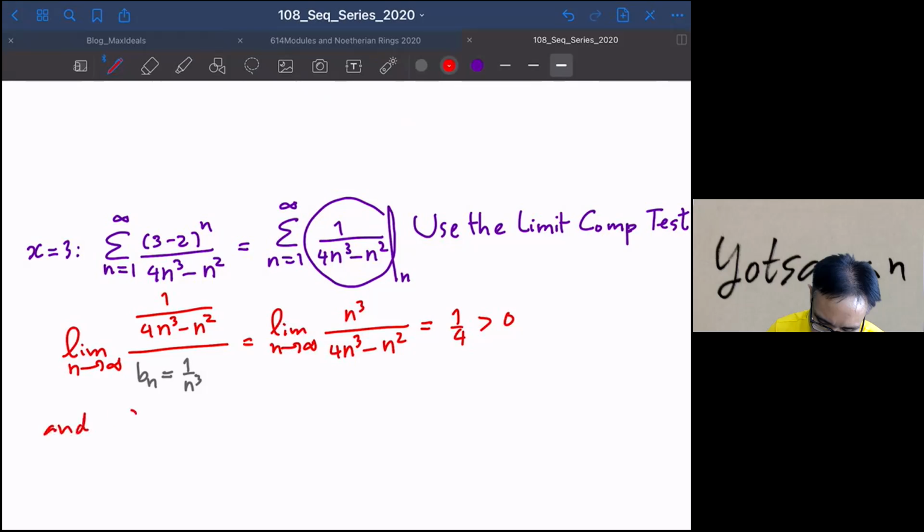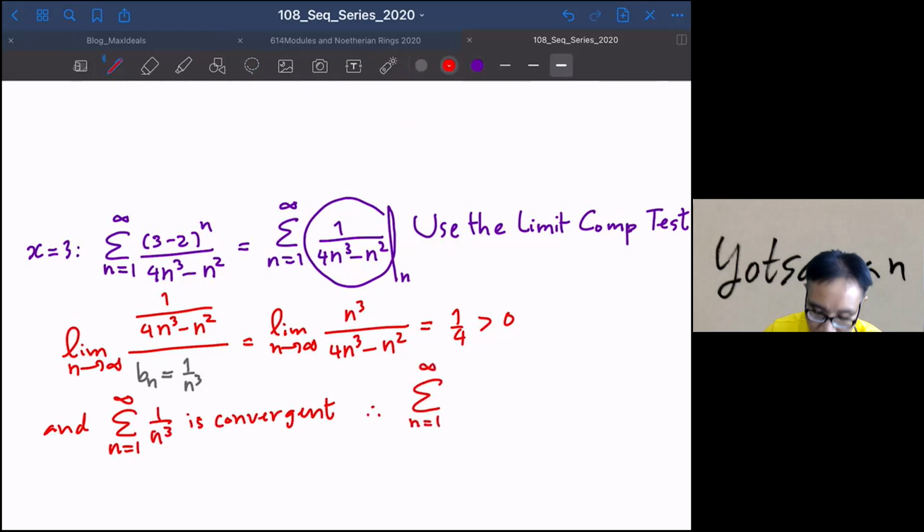And you have that the series n equal to 1 to infinity of 1 over n to the third is convergent. So you're going to have the conclusion that the series n equal to 1 to infinity of 1 over 4n cubed minus n squared is convergent.